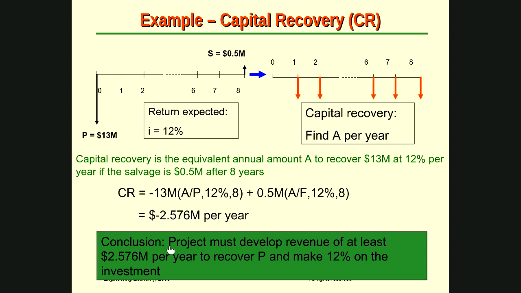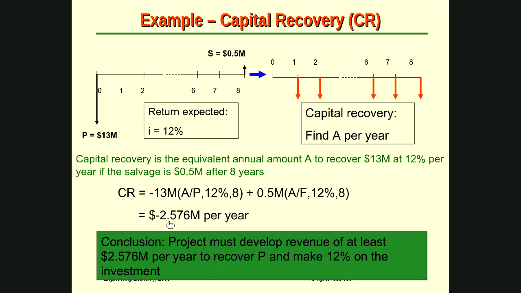The project must develop revenue of at least this amount you just found to recover the initial cost, which is the 13 million, and make 12% on the investment. So to recover the 13 million with respect to the 12% per year, you need to have profits per year equivalent to a minimum of 2.57.